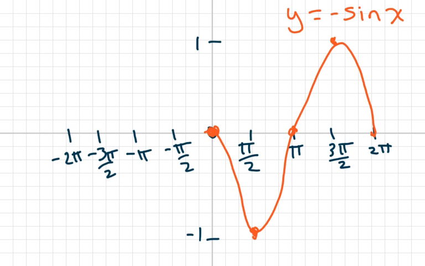It's reflecting across the x-axis. And then we're going to continue on, go up, go back down. All right. And that would be your y equals negative sine of x.